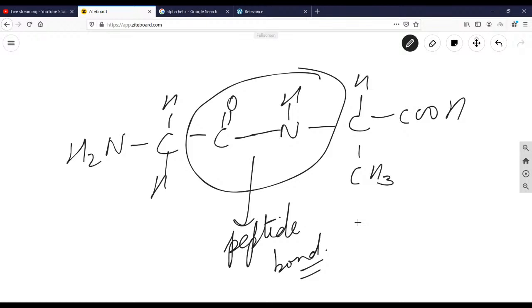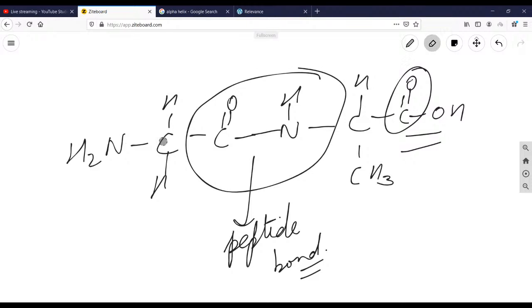Okay, so all the CO groups, here CONH, if I break it down, I can write like this. All the CO groups point in the same direction, and all the NH groups point in one direction.